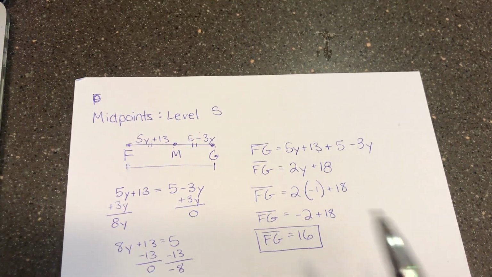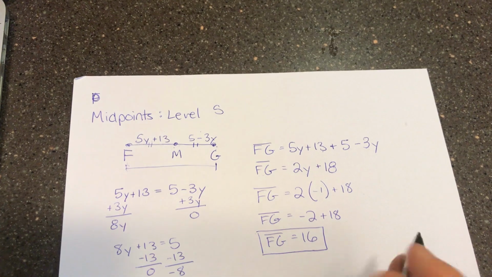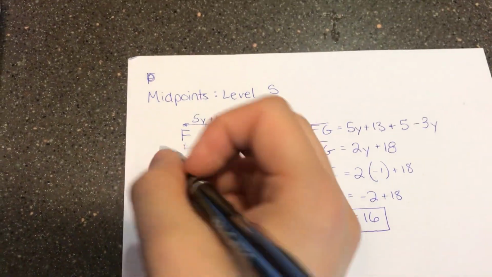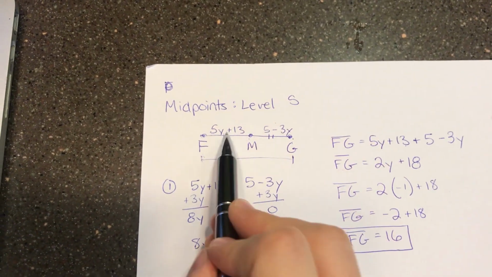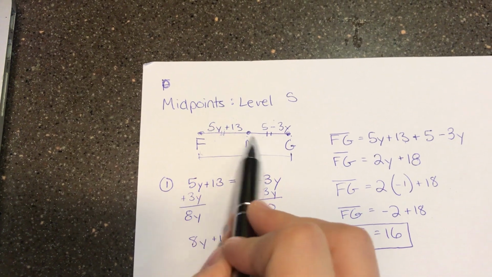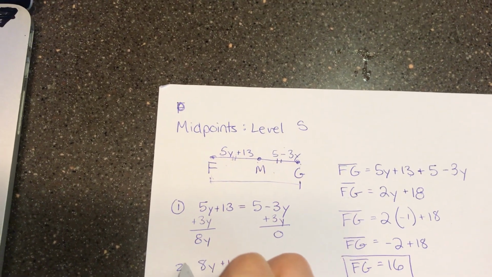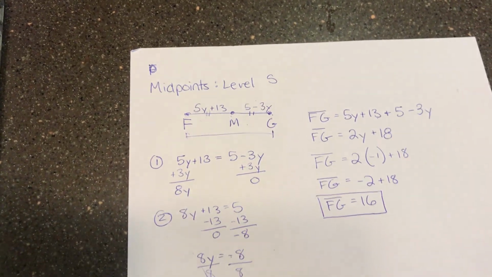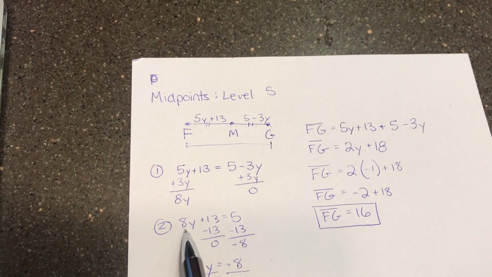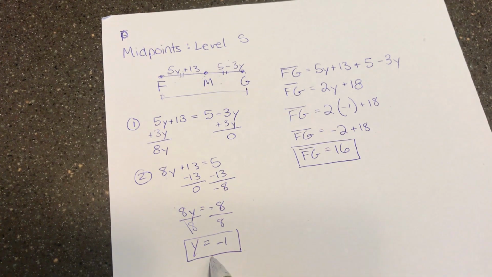Okay, I will write this out. Kind of step 1, I'll just go through it again. Step 1 was setting these equal to each other because they are congruent, right? And then solving for y. So then I solved for y to find y equals negative 1.